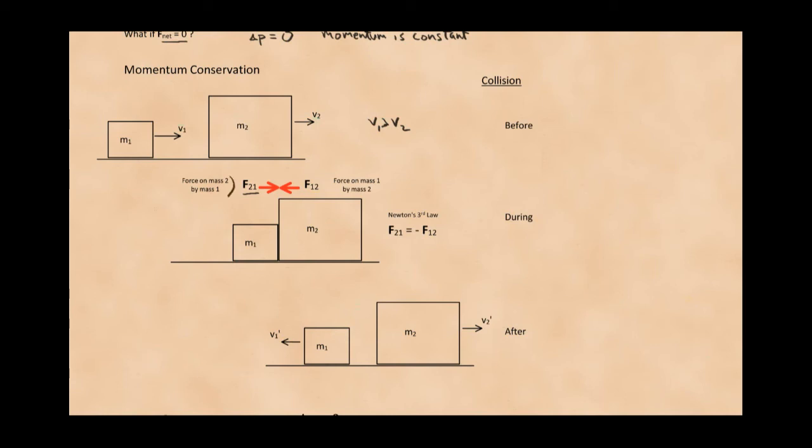So the force on mass 2 by mass 1 will be equal and opposite to the force on mass 1 by mass 2. Or in other words, F21 is equal to negative F12. That's just an application of Newton's third law. After the collision, mass 1 bounces off of mass 2, and they each have new velocities.